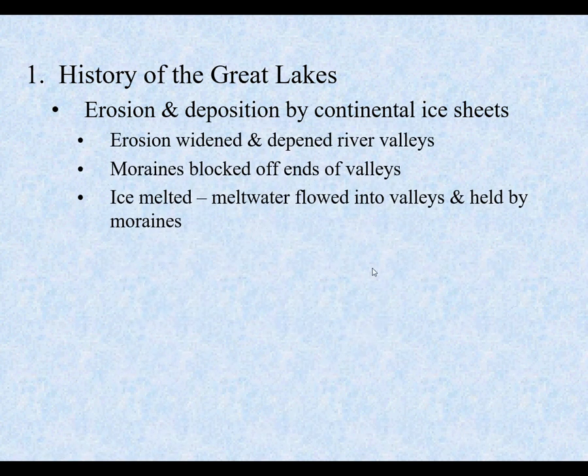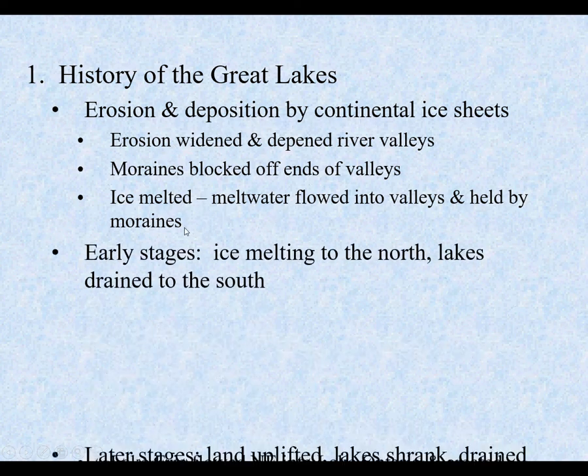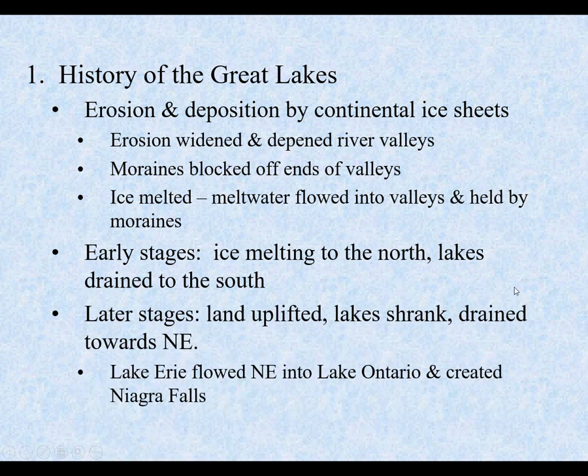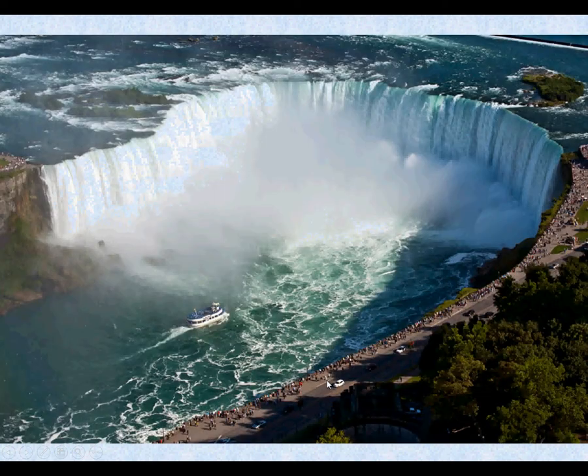So again, if we look at the history of the Great Lakes, erosion, deposition, what's going on, melting water puts it into the lakes. As it does, it finds its way to the northeast, gets to Lake Ontario, and then we get to Niagara Falls.